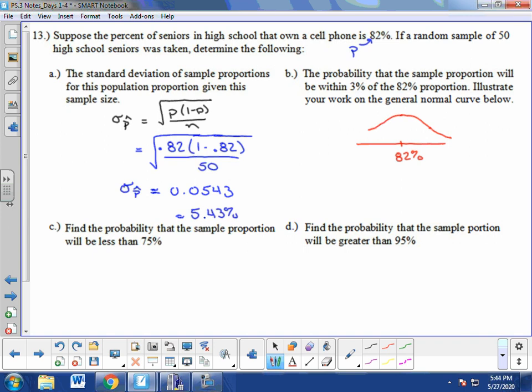So our population proportion should be the mean, which is 82%. 3% from that would be 85% above and 79% below. We want to figure out the probability that if we take a sample of 50 students, our results are going to say that between 79 and 85% of our seniors own a cell phone.